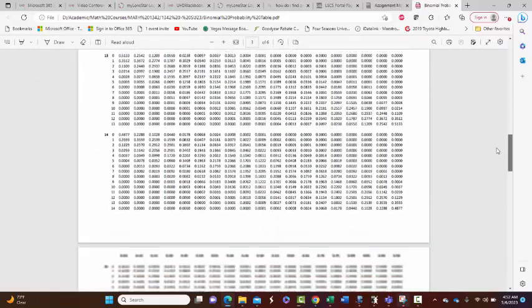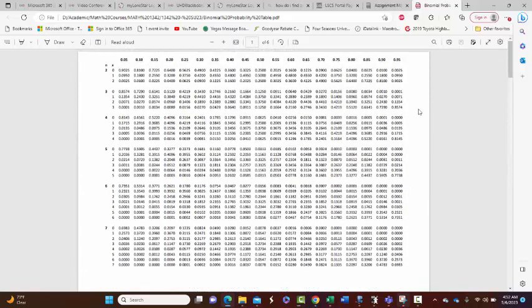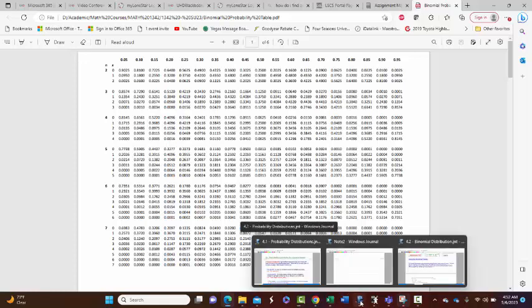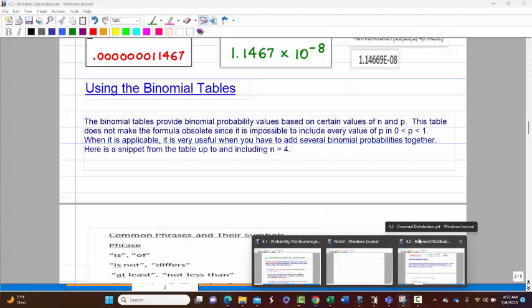I can make it be numbers that fit on here. Now, you're still going to have to know how to do single probabilities, using either Excel or the calculator. This doesn't solve everything, but it's going to solve anything on a test that involves adding probabilities together. I will make sure it's something you can find off this chart. But then again, you could still choose not to use this chart.